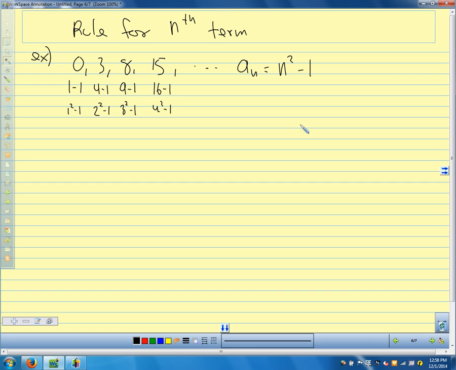So we're trying to look for a connection between the number and the term number. When I look at this, the first thing that I see is each of these is 1 less than a perfect square. 3 is 1 less than 4, 8 is 1 less than 9, 15 is 1 less than 16. So we're trying to recognize those patterns.